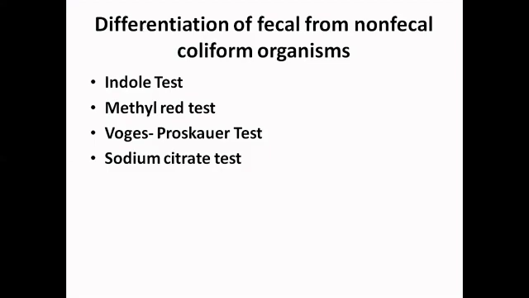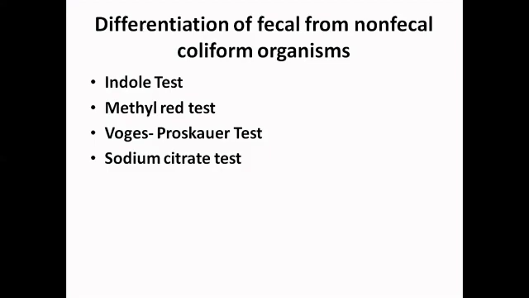Production of the organic acid is detected by adding a few drops of 0.04% aqueous solution of methyl red to the test culture as well as to a control tube. The appearance of red color in the test culture indicates a positive test.